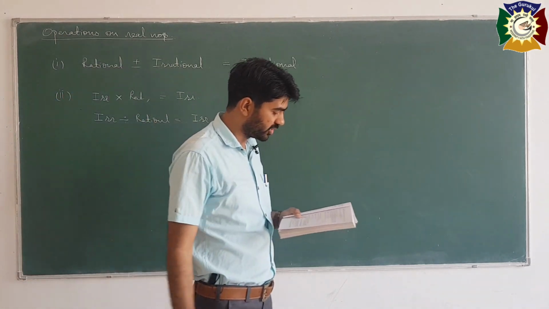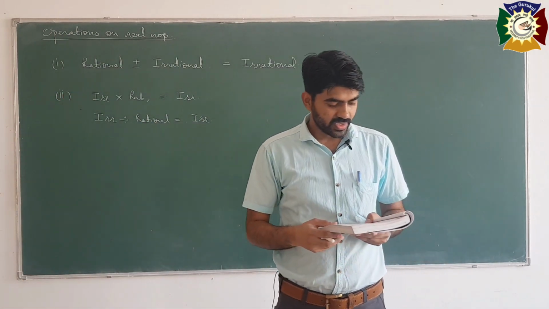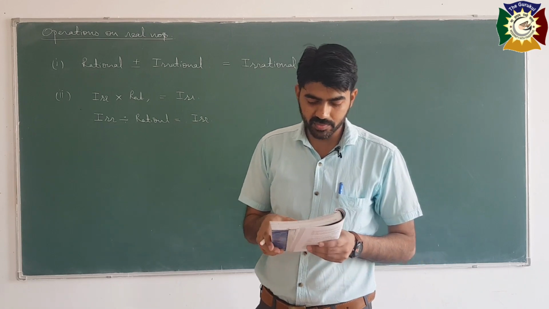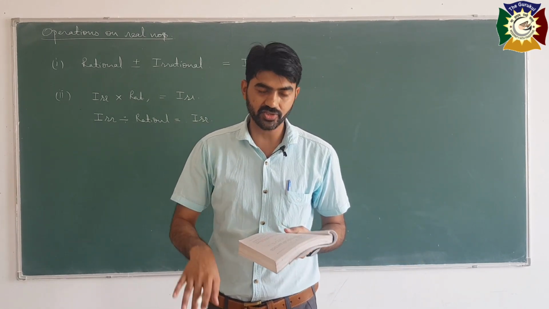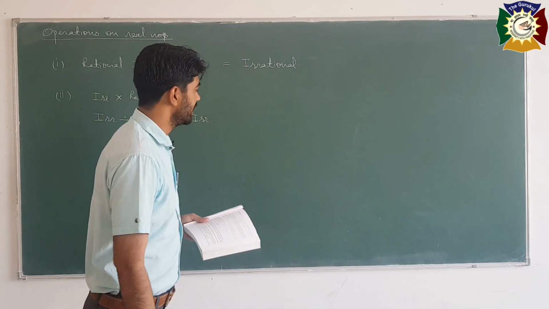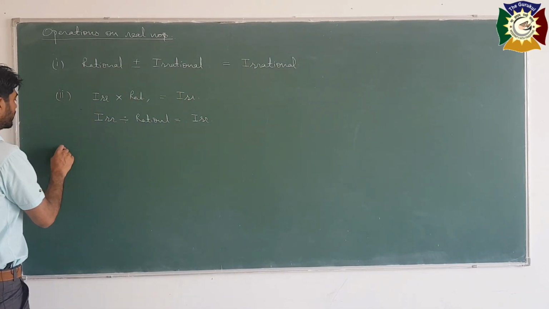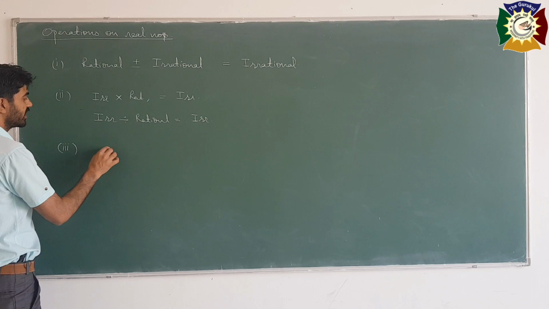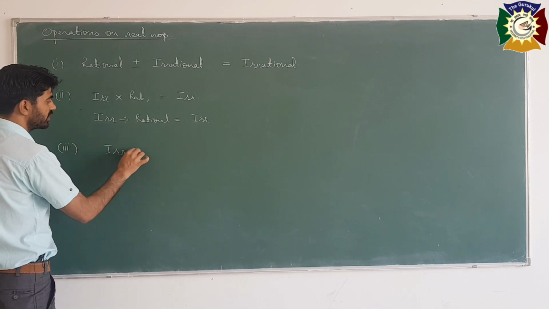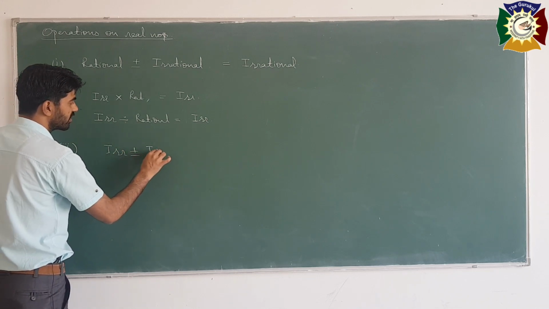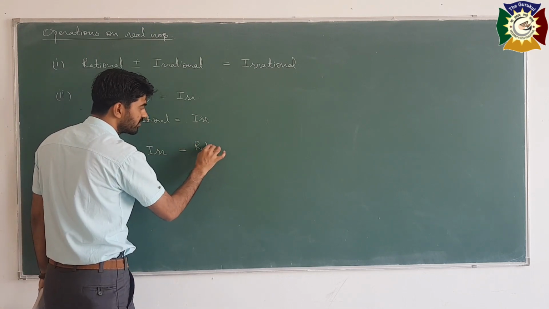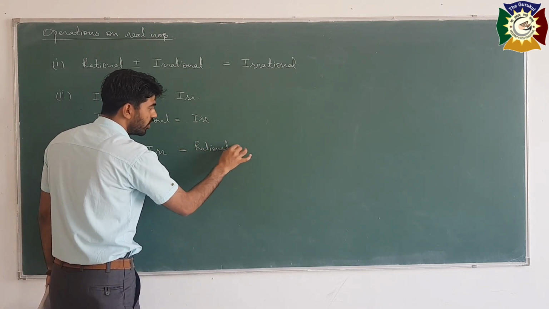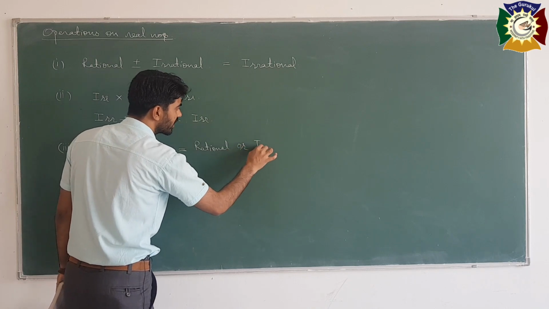This is the second point. The third point: if we add, subtract, multiply or divide two irrationals, the result may be rational or irrational. So if irrational plus or minus irrational, the answer may be rational or it may be irrational.